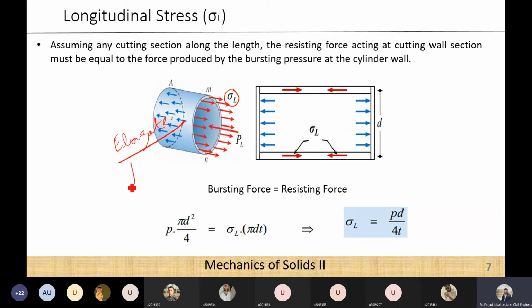Due to these longitudinal stresses, we will have either an increase or decrease in length. So the strain being produced, if I call the longitudinal strain epsilon L, will be responsible for the increase or decrease in the length of the cylindrical element, right?